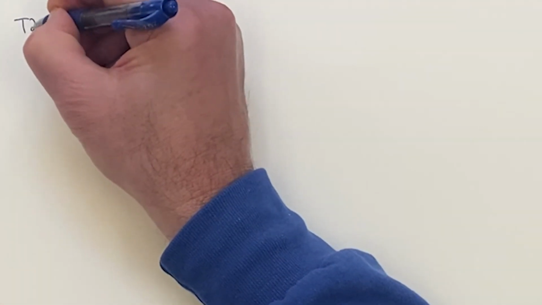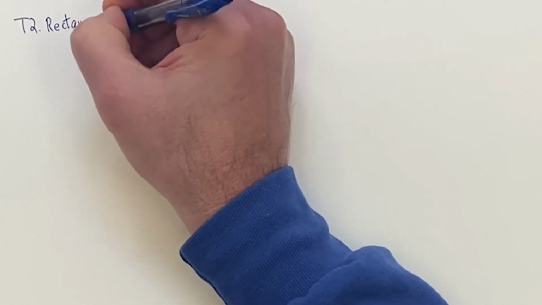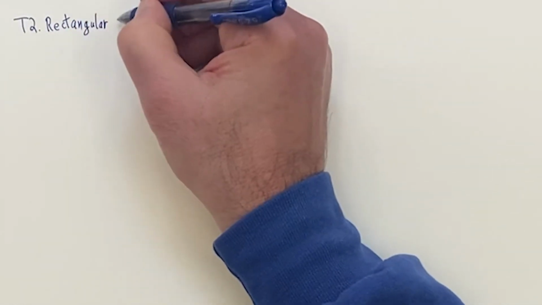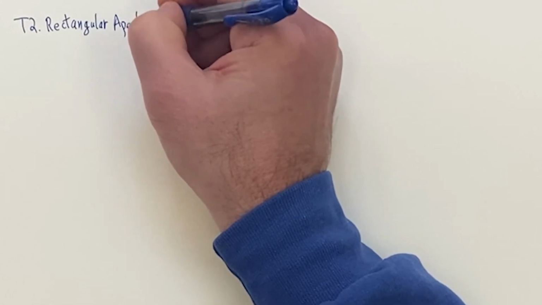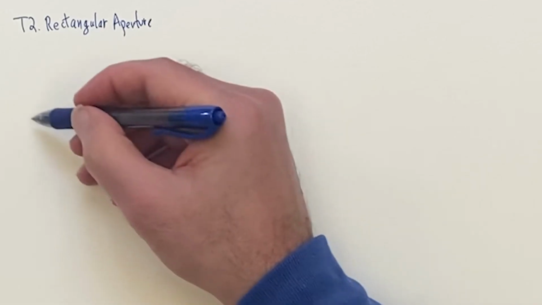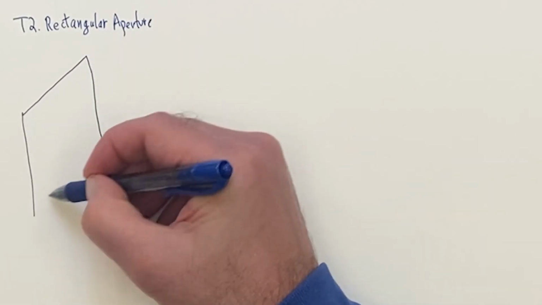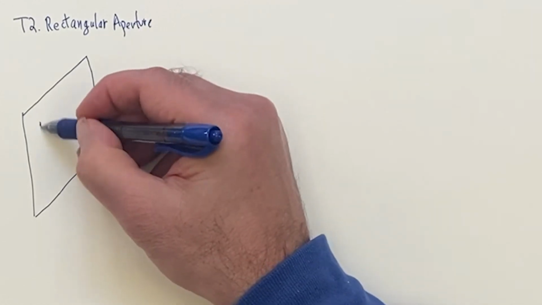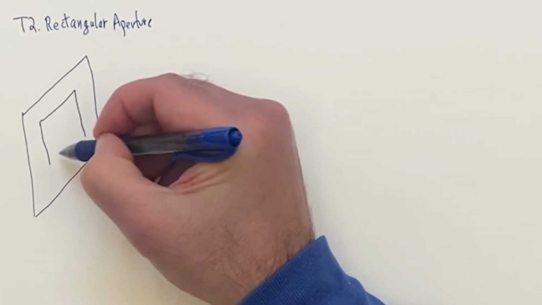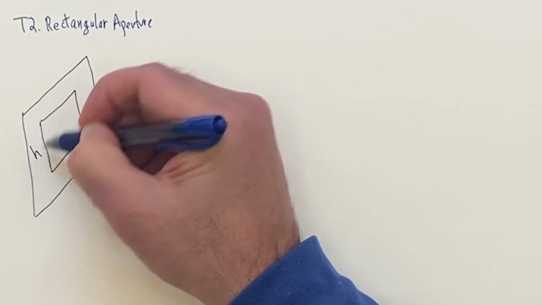Now we go to T2, the rectangular aperture. For the rectangular aperture, let's go ahead and sketch something here where we're going to have some width b and now some height h.